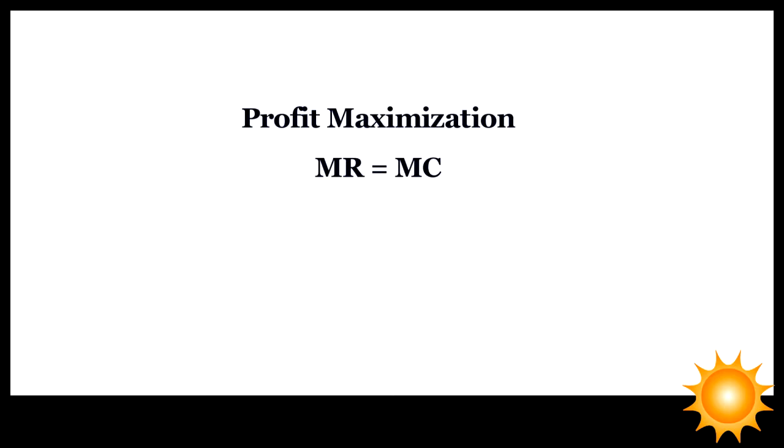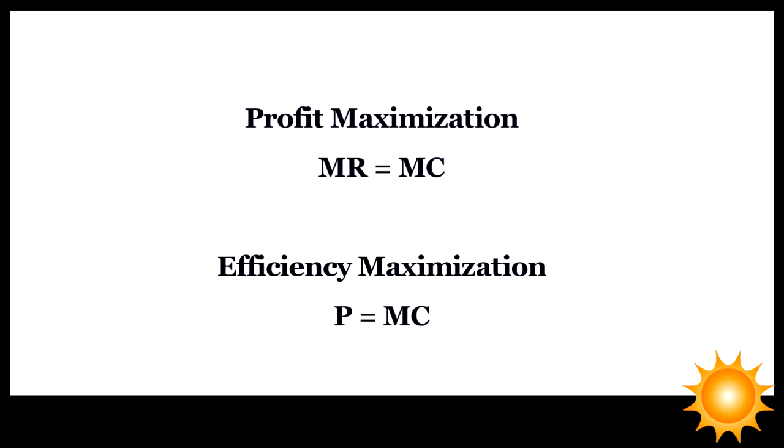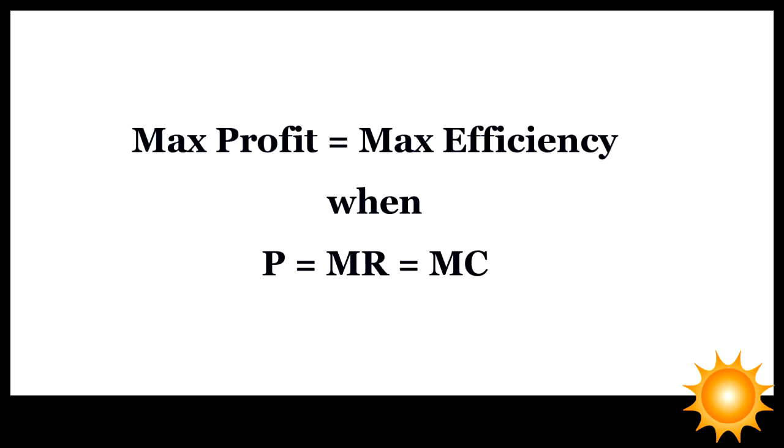Profit is maximized when marginal revenue (MR) from selling the product is equal to marginal cost (MC) of producing it. Economic efficiency, on the other hand, is maximized when price (P) from selling the product is equal to marginal cost (MC) of producing it.